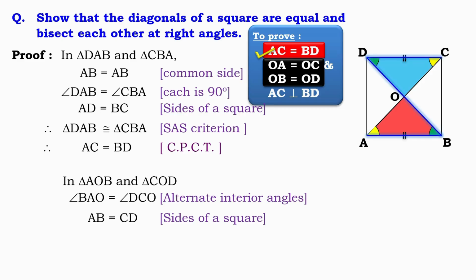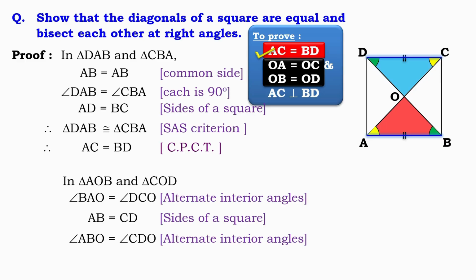Similarly, since AB is parallel to CD and BD is also a transversal line, angle CDO is equal to angle OBA. These are also alternate interior angles, so they are also equal.